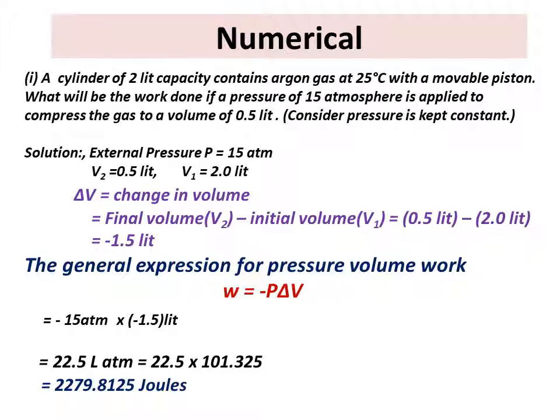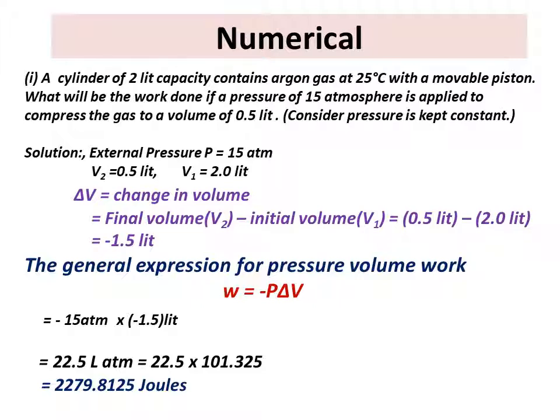So minus 15 atmosphere multiplied by minus 1.5 liters, the change in volume. On multiplying, minus minus becomes plus, and 15 into 1.5 gives you 22.5, so the value comes out to be 22.5 liter atmosphere. So this is the work done.